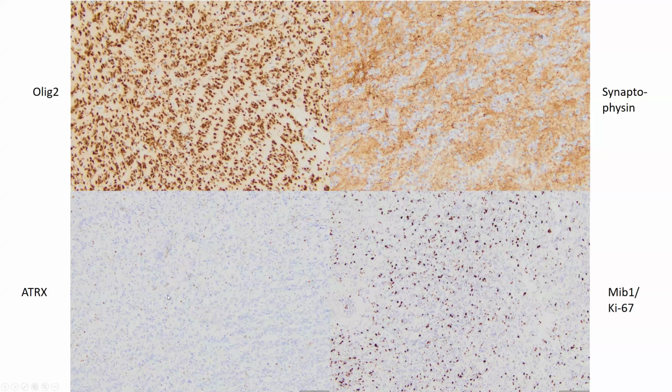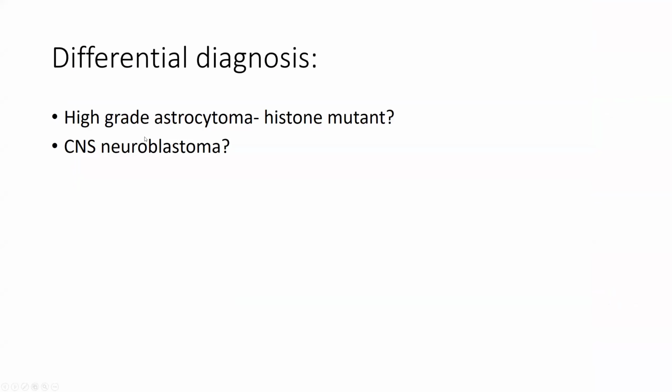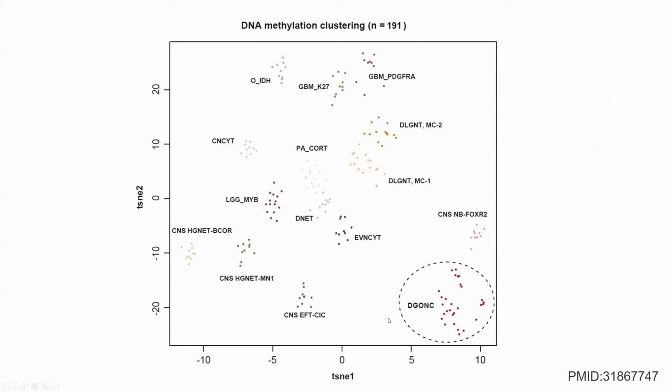And there was loss of ATRX staining in this particular example, although this is not common, making us think that this may be a high-grade glioma, especially with its imaging features of crossing the midline. So we were concerned that this might be a high-grade astrocytoma with possibly a histone mutation, because they can also show those large pleomorphic cells, or CNS neuroblastoma. But we weren't really sure.